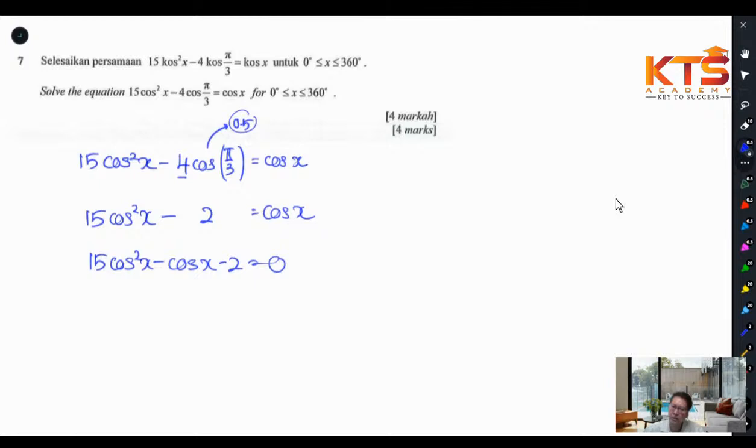Then I will factorize it. 15 is 5 times 3. And then this will be 2 and 1. Negative, positive. So cos x is 2 over 5. And then cos x equals to negative 1 over 3. Correct?